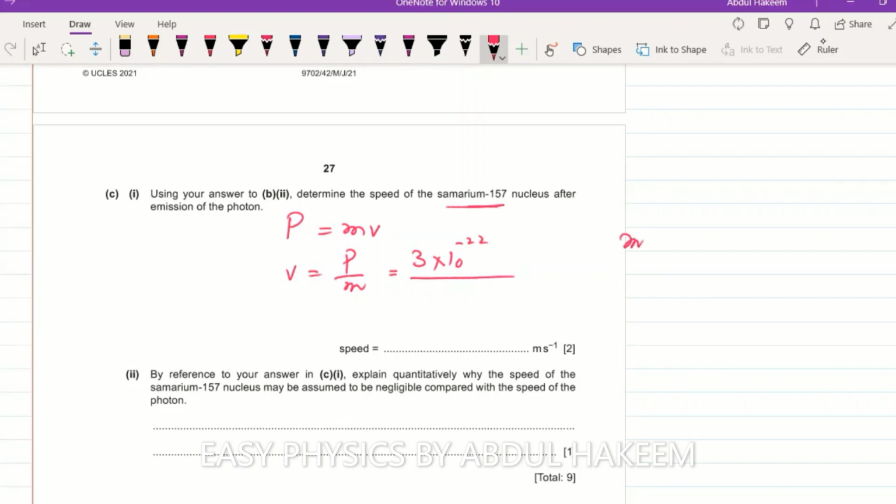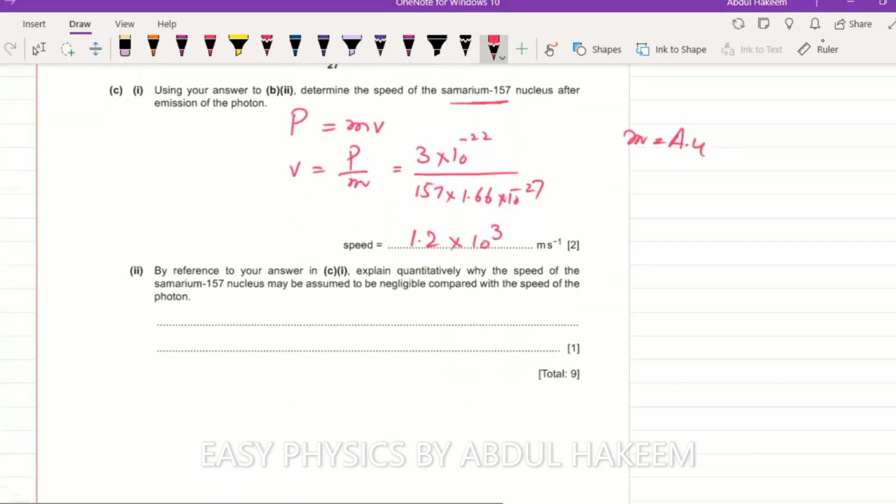So the mass formula is A times u. So A is 157 and the u is 1.66 times 10 power minus 27. Now calculate this. And the answer is coming 1.2 times 10 power 3 meter per second.